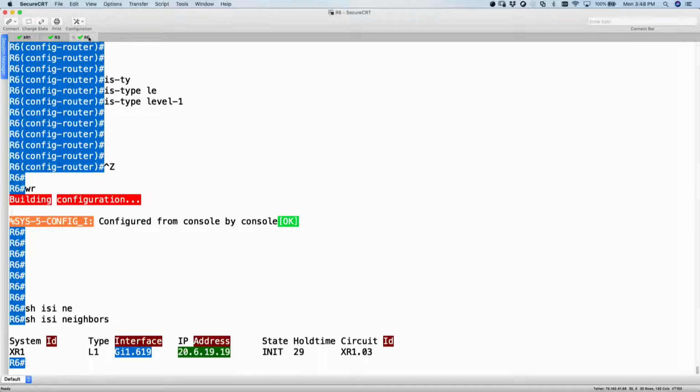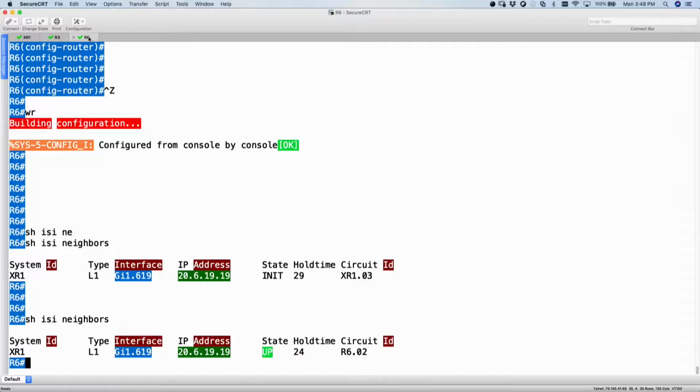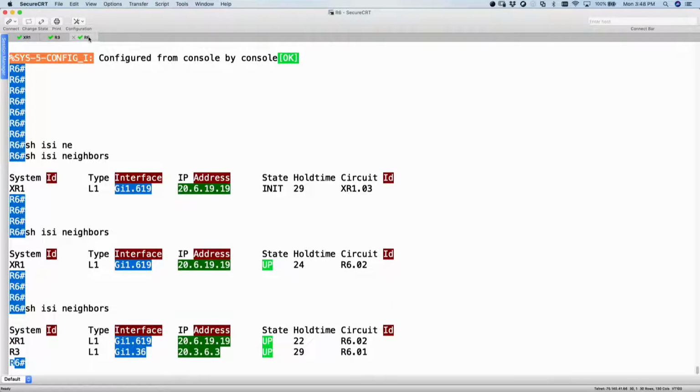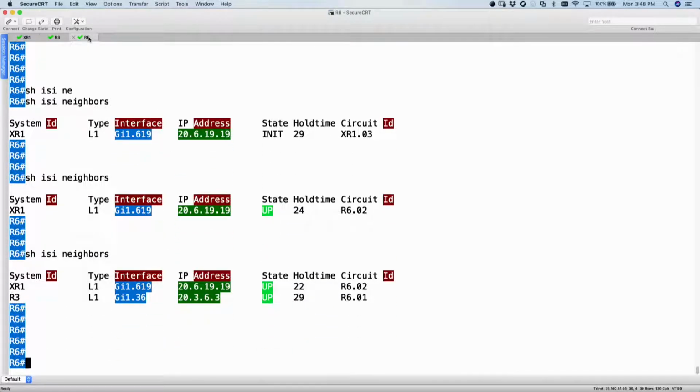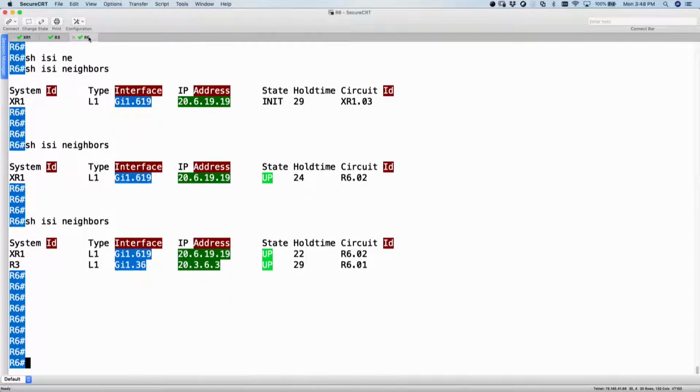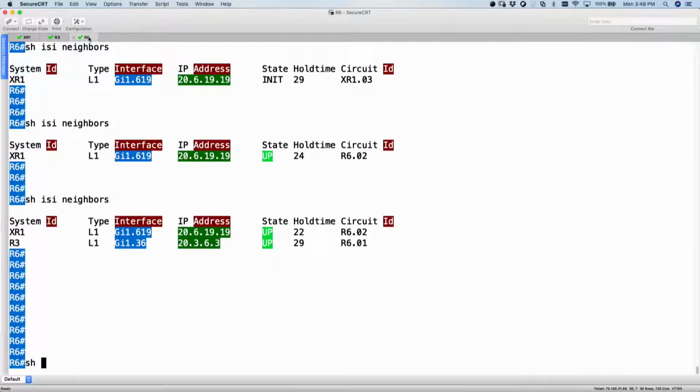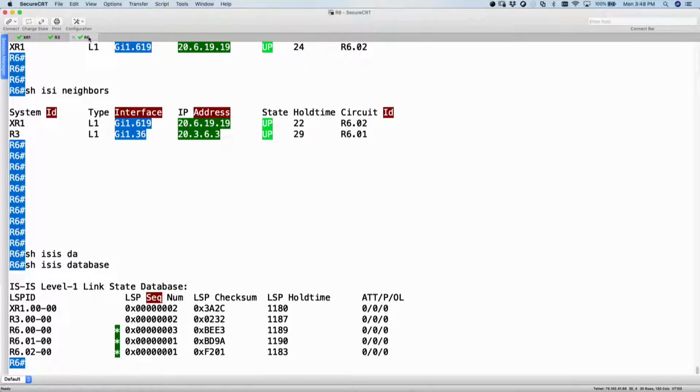So with XR1, he has already formed neighbors. But with R3, he has still not established adjacency. Now he has formed L1 adjacency. It takes a bit of time, but my neighborship is back up. If I check my show ISIS database, this time I would see level 1 information.